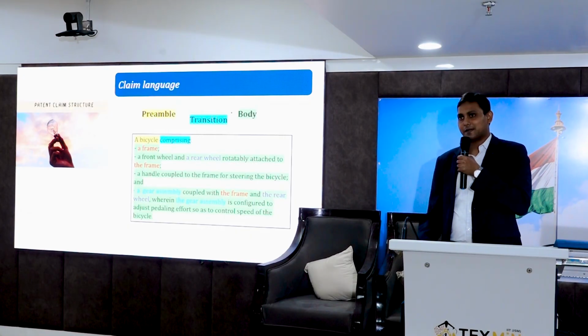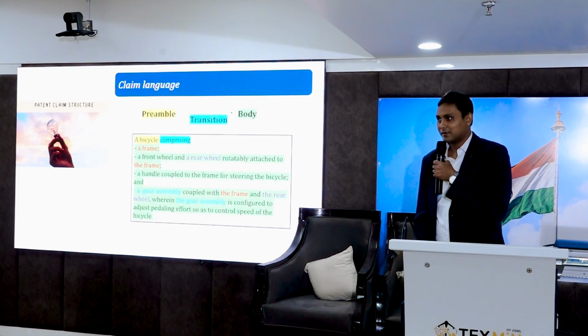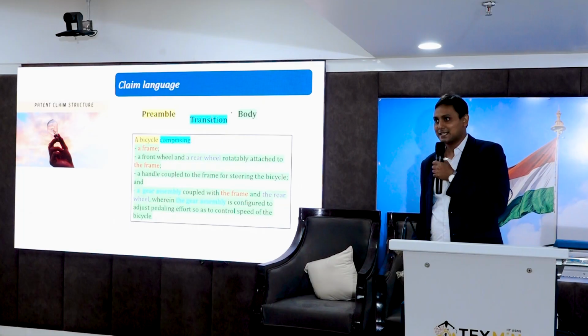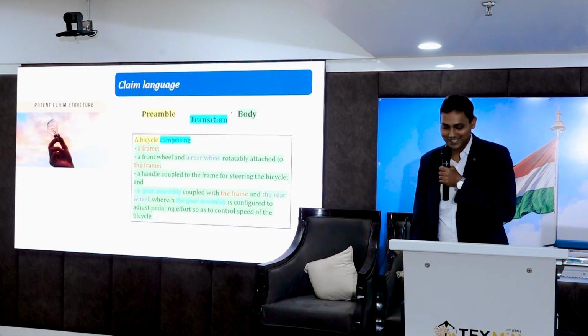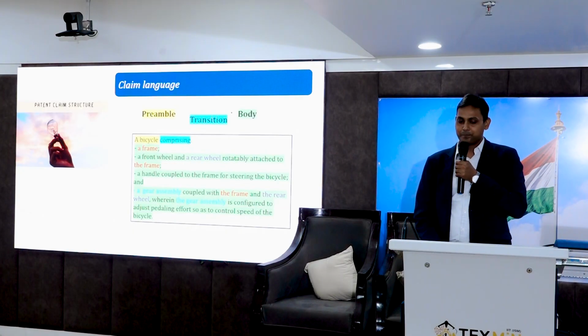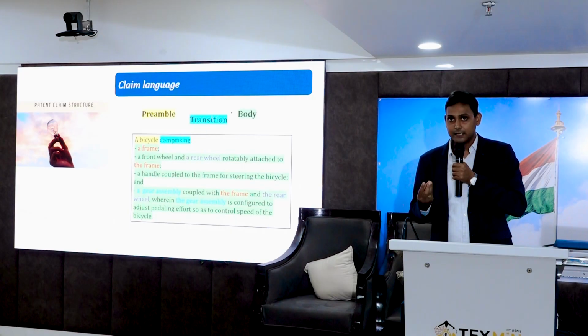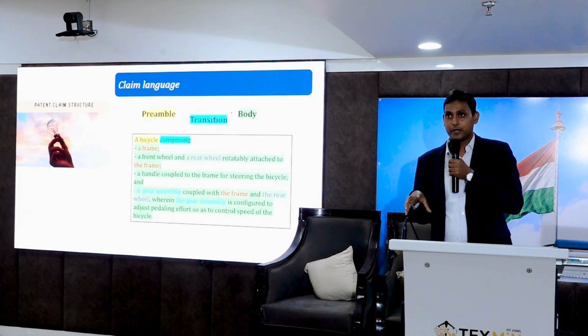As an example, in a football match, you cannot just go and score a goal, right? The goalkeeper has to pass to the players, and they will go to the opposition side to score a goal. So this is similar. There will be a preamble, and there is some transition from the preamble to the body, and then the body.